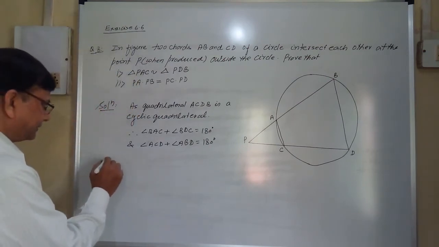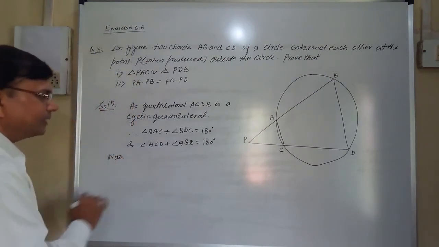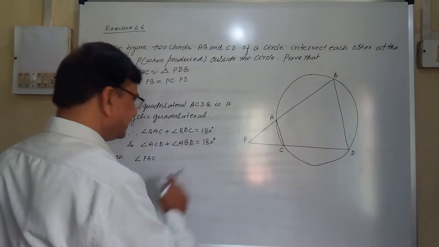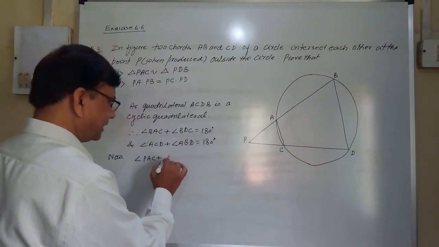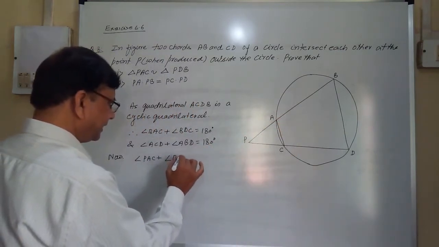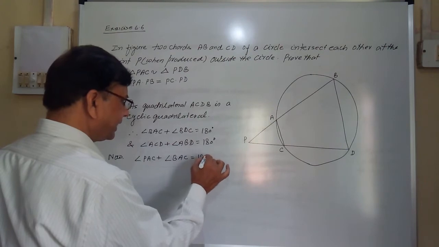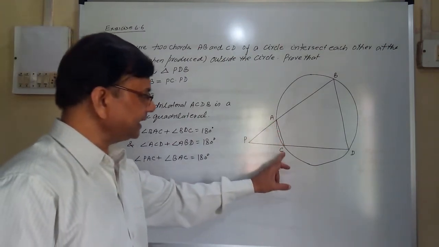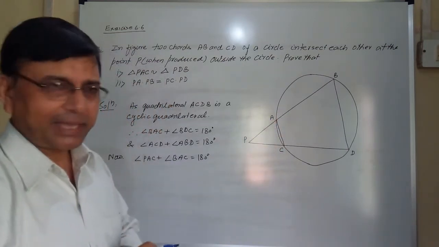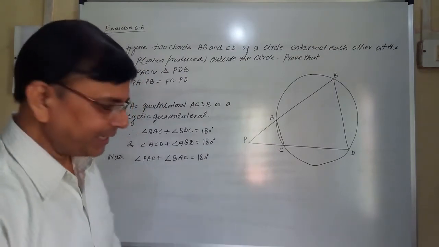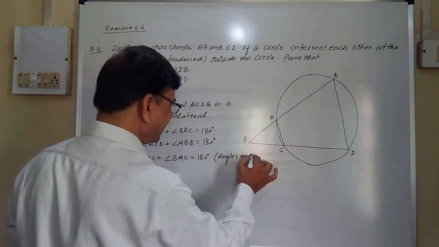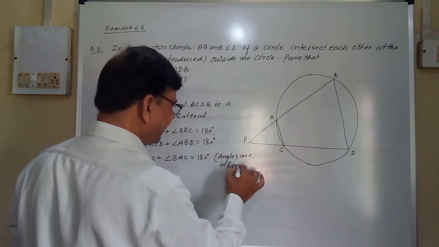Now angle PAC plus angle BAC is equal to 180 degrees. PAC and BAC means this angle plus this angle. It is a linear pair. That is why the sum of these two will be 180 degrees.